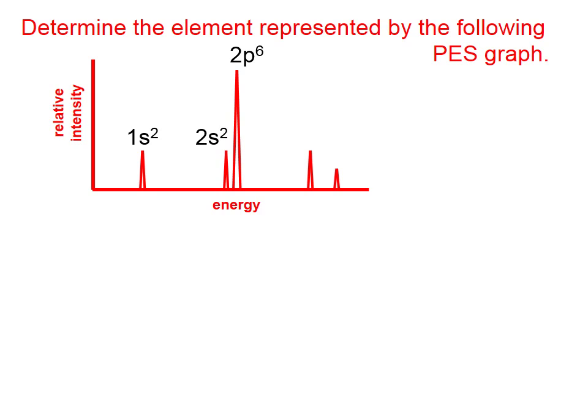I trust that you already know about electron configurations, so I'm not going to go into that here. 3s2, and then here the blip height is roughly half of the one before it, so this must be 3p1. If we count up electrons here, we have 2 plus 2 plus 6, that's 10, plus another 2 plus 1, that's 13 total. So that's going to be the element aluminum.